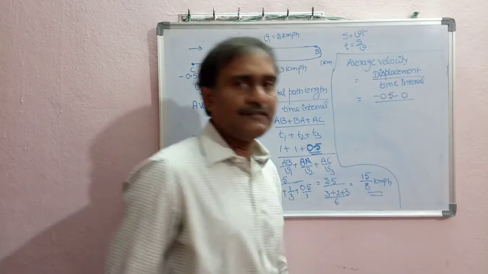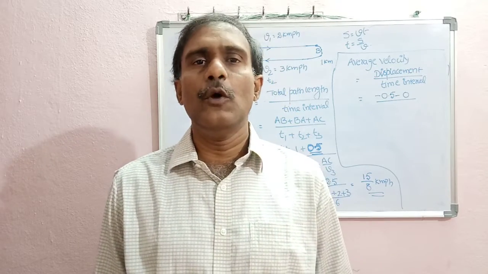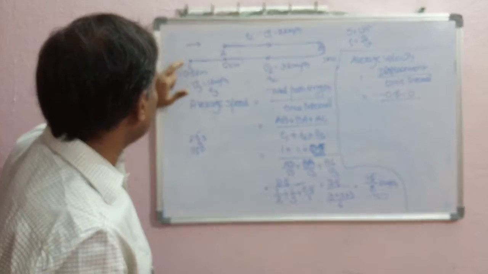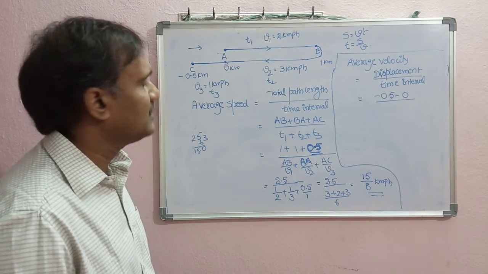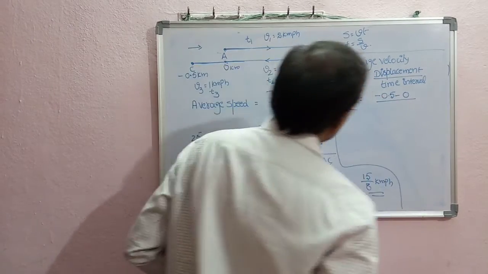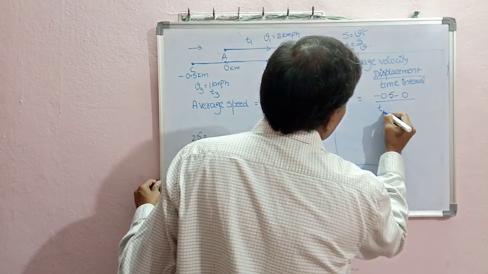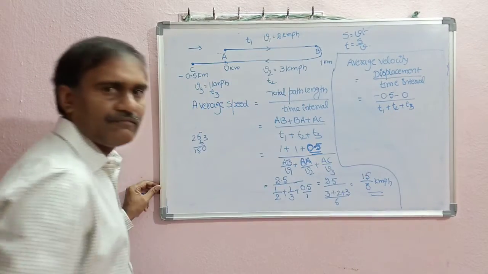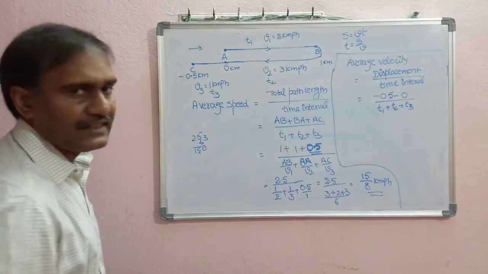Remember that displacement may be positive, may be negative, may be 0. Therefore, displacement is nothing but final position minus initial position. The initial position is 0 kilometers, the final position is minus 0.5 kilometers, divided by the time interval, which is T1 plus T2 plus T3, same as before.